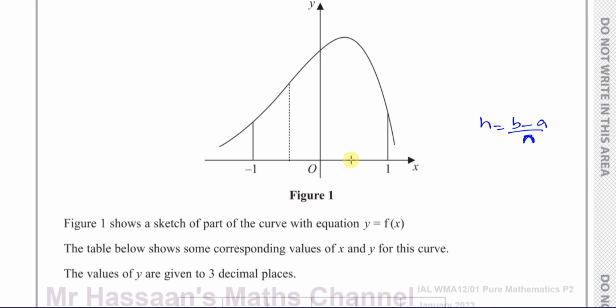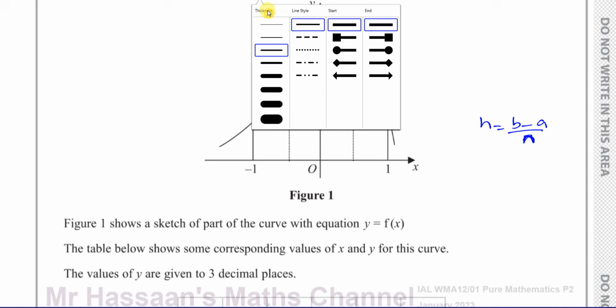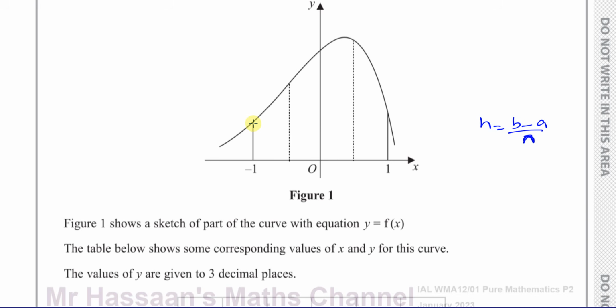Okay, so you've got these lines, and what you're doing is you are approximating these as little trapeziums. That's what you're doing. Okay, and you're finding the area of each of these trapeziums. That's what you're doing when you use the trapezium rule.